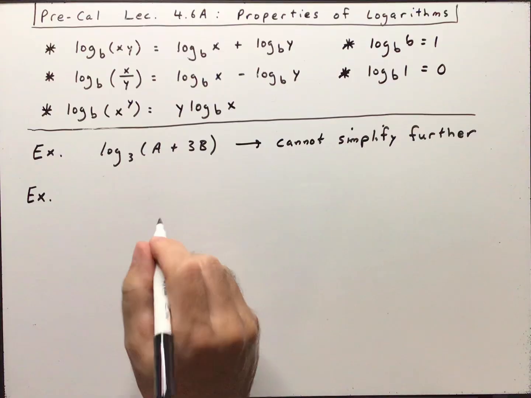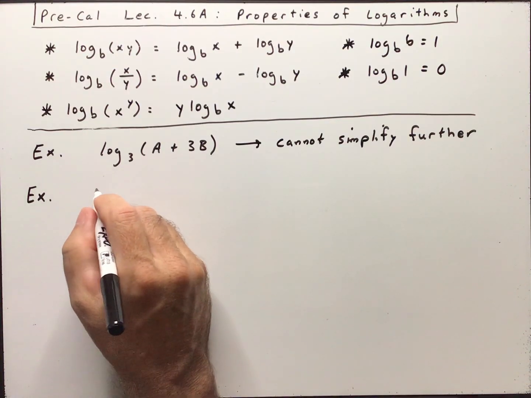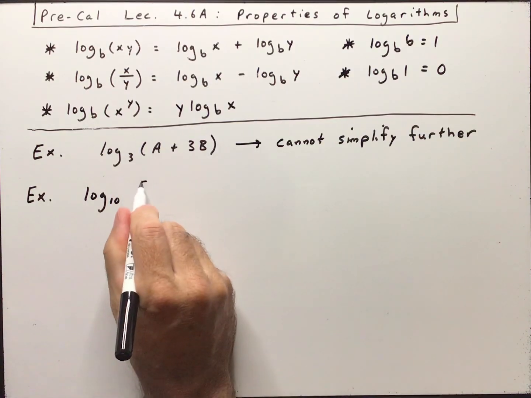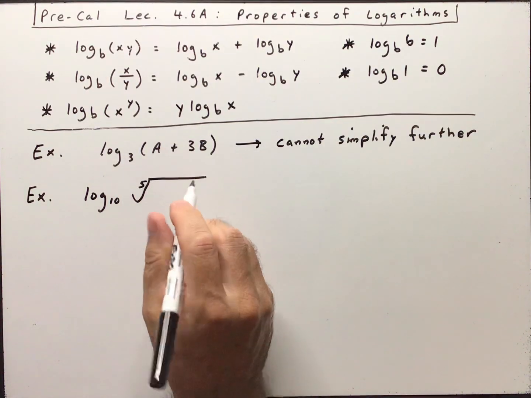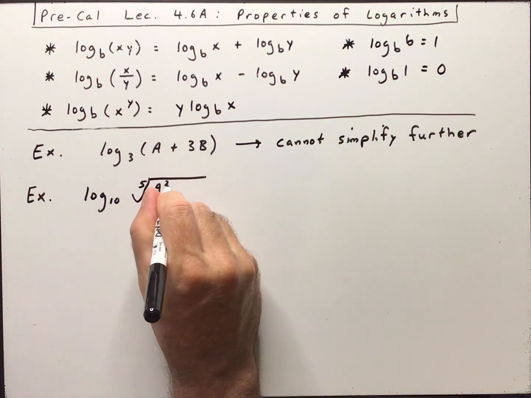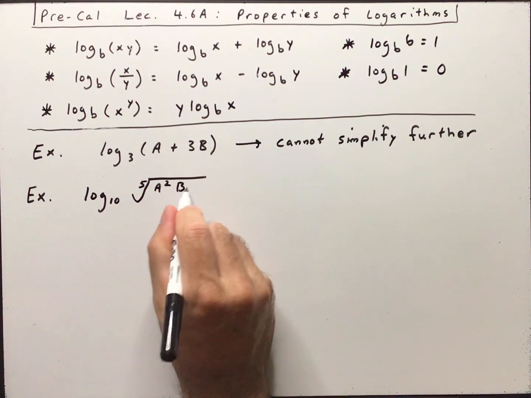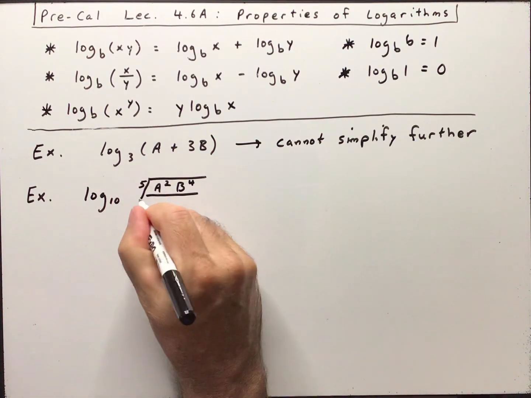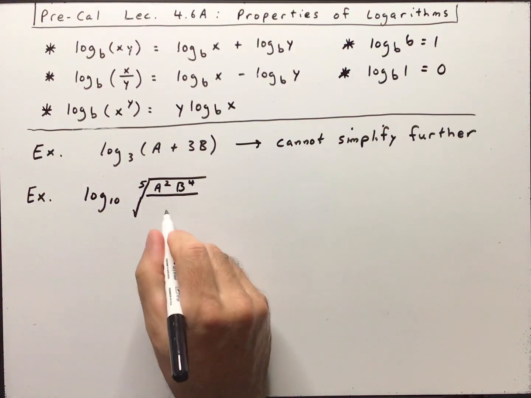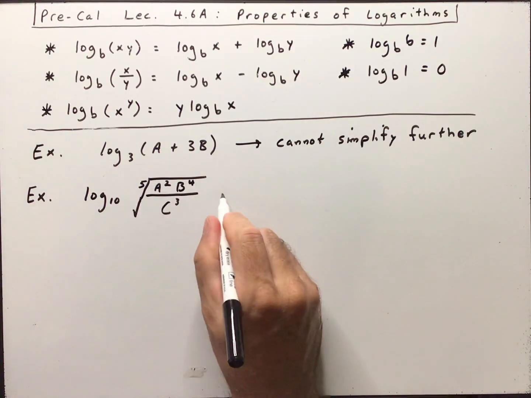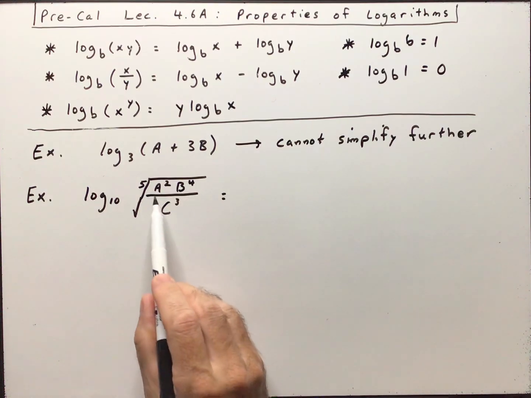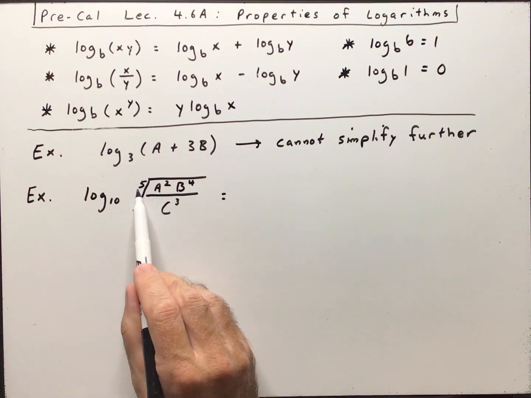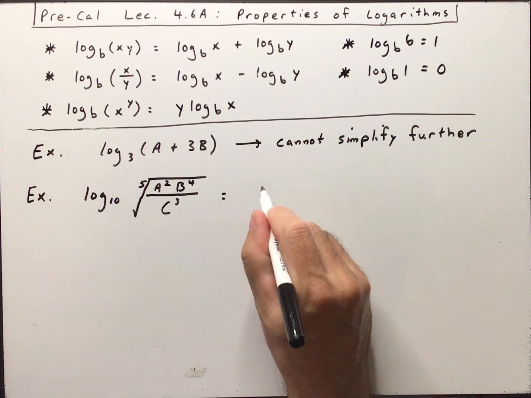Okay, our final example of expand and simplify: log base 10 of the 5th root of a squared times b to the 4th over c cubed. Well, the first thing I want you to do is take that 5th root and let's change that to a 1/5 power.